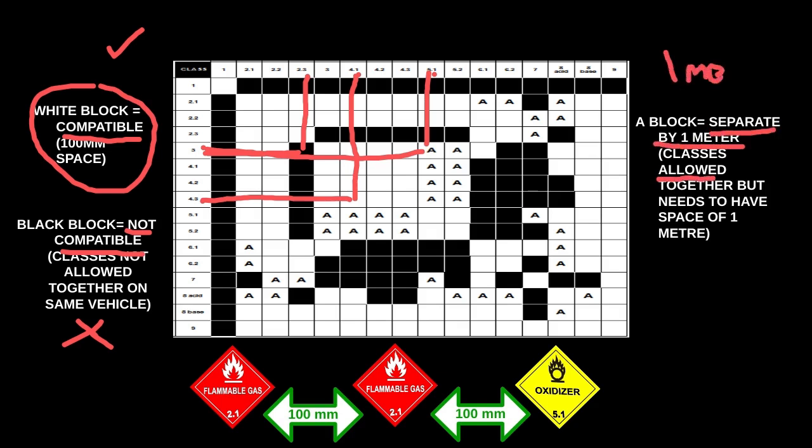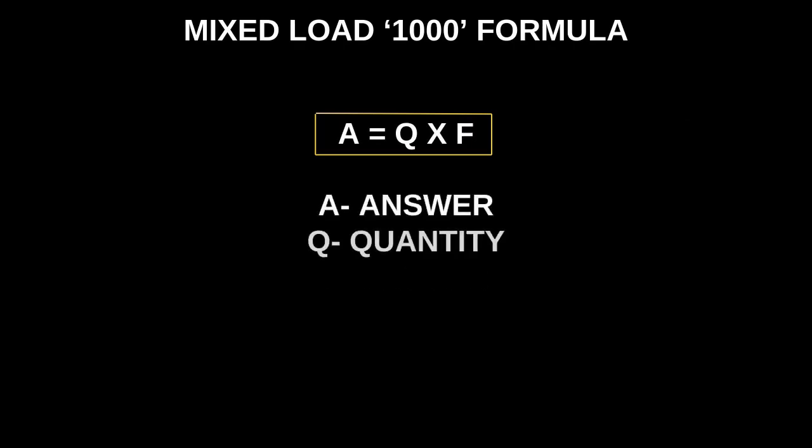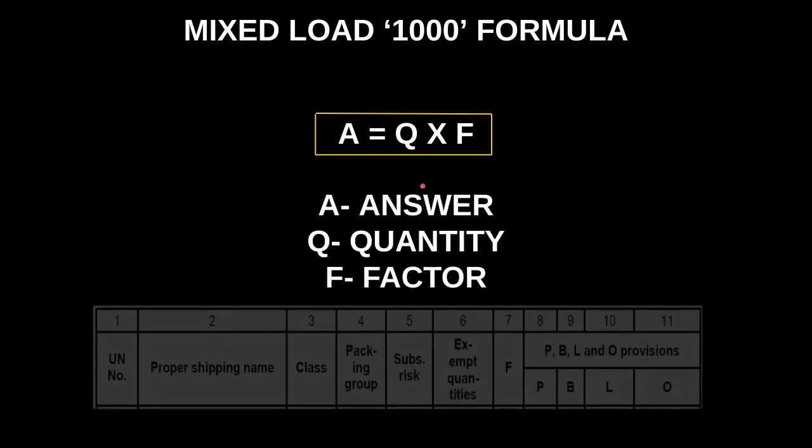Finally, when you have a mixed load, you use a formula to calculate if the combined dangerous goods exceed the threshold for regulated loads. The formula is total quantity equals quantity times the factor. Each substance has a factor associated with it.